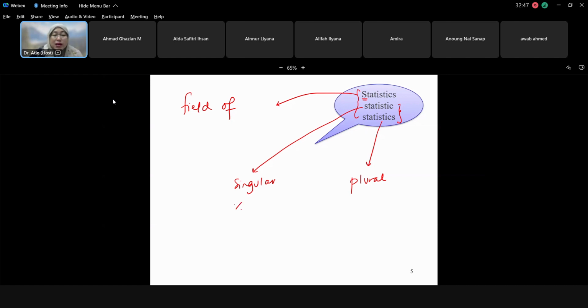But if we say we have found the statistics from our study, people will understand it is not just the mean; it can be the variance, the standard deviation, and so on. Any information, a lot of information that you obtain from your sample. So that's the difference between these three words.